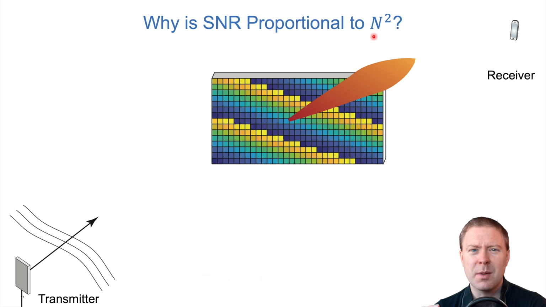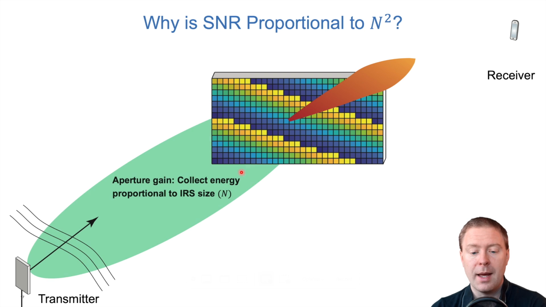Why does it become a square here? Well, this is what I'm trying to explain now. So we have a transmitter that is sending a signal towards the IRS. And since the surface area of the IRS is proportional to the number of elements, we get an aperture gain. We collect energy proportional to its area. So that is where we get one of these n terms.